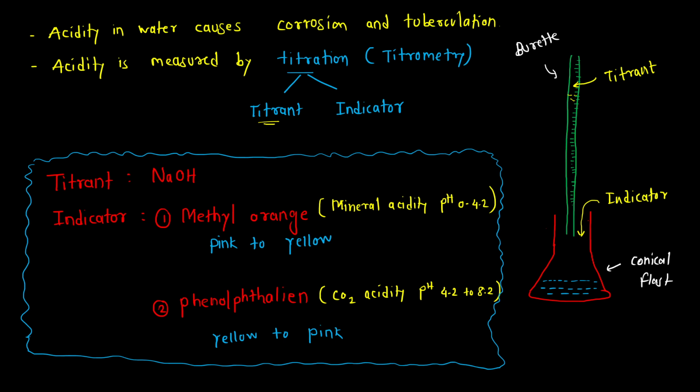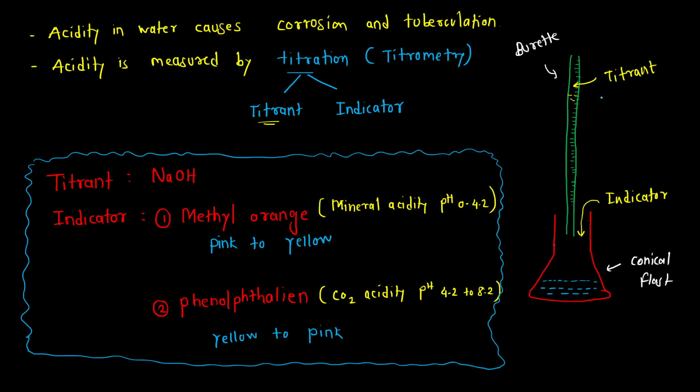We are using two indicators: first is methyl orange and second is phenolphthalein. If we add methyl orange as an indicator to the water sample, the color will change to pink.